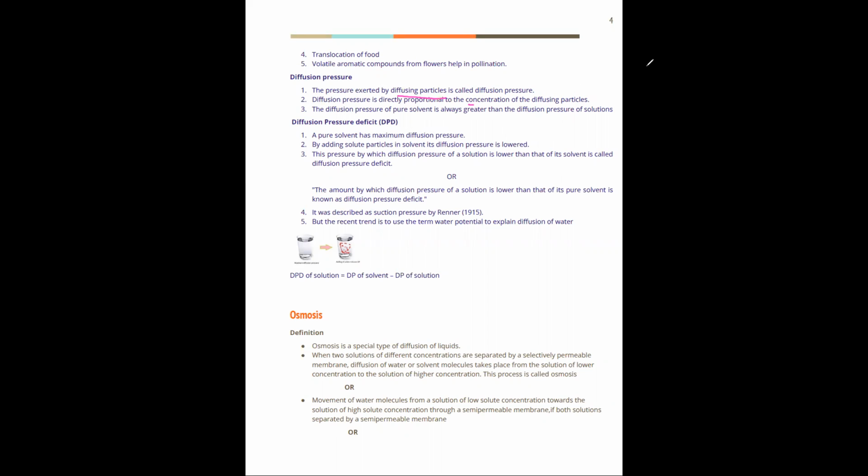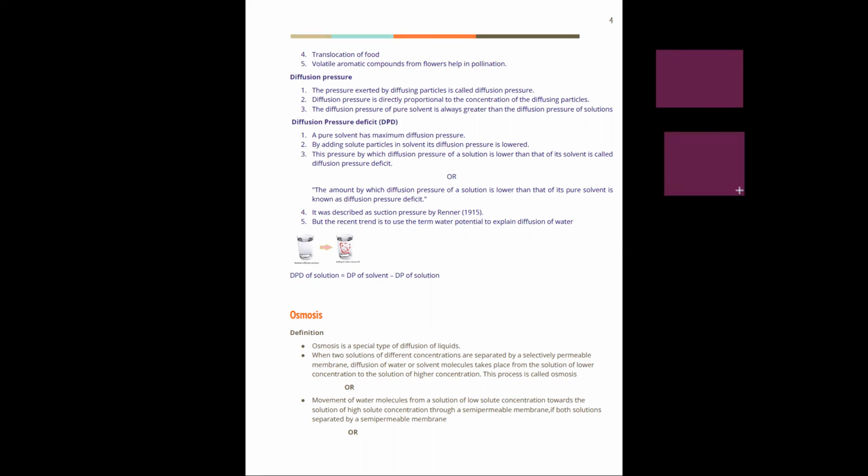So for example, suppose there is one box and one more box of the same size, and we fill them with some kinds of gases. Suppose these are the gas molecules.